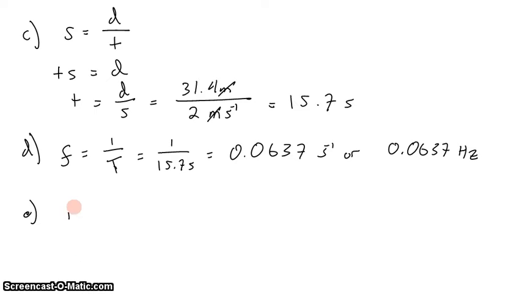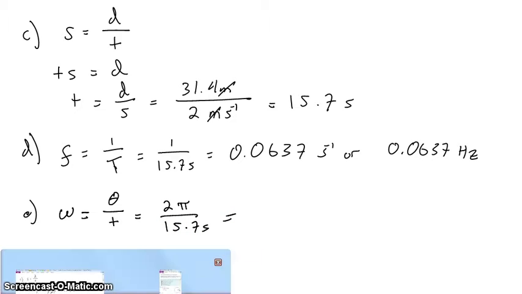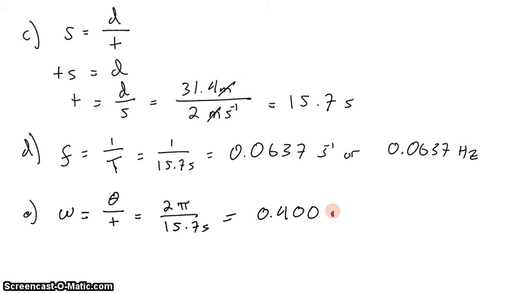We give it the symbol omega, and it'll be the number of radians crossed in a given time. And we'll say that in one complete rotation we cross 2 pi radians, and it takes 15.7 seconds to do so. When we calculate that out, we get 0.400 radians per second.